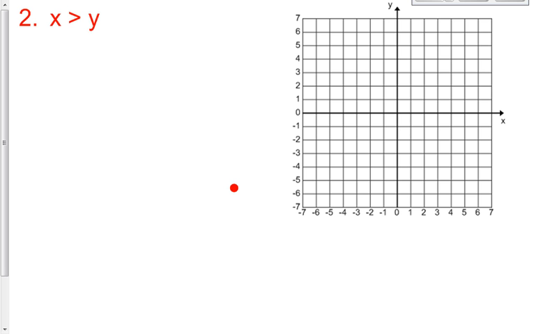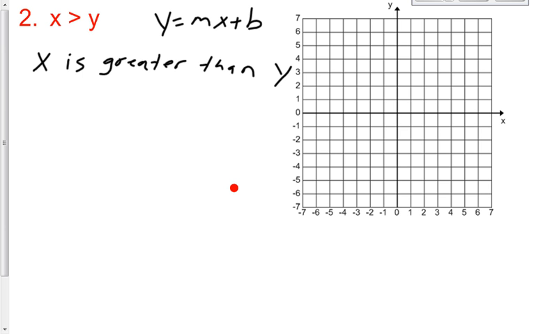Number 2, x is greater than y. Now we like ours in y equals mx plus b form. So I always like my y on the right. Now class, if you read this from left to right, it is x is greater than y.